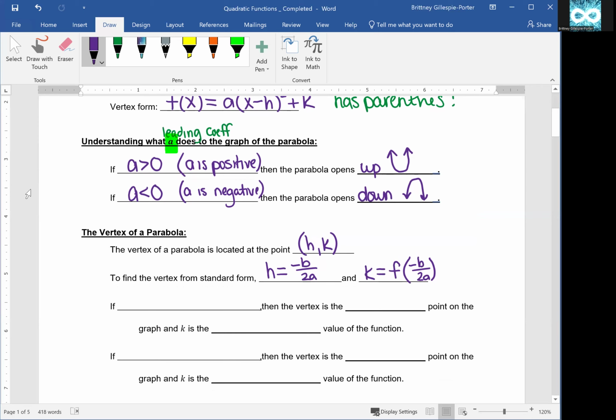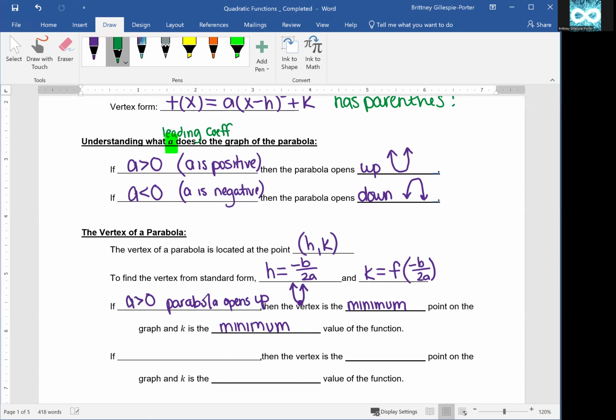All right, so if a is greater than 0, which means that the parabola opens up, the vertex is the minimum point on the graph, and k is the minimum value of the function.